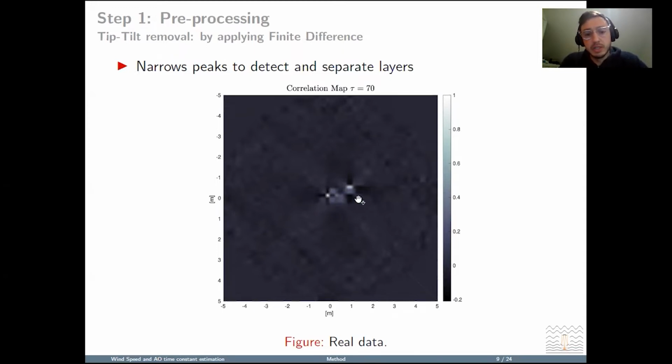So instead of having a wider peak, we have 2 different peaks here. And as we're going to see, each peak corresponds to a given layer.